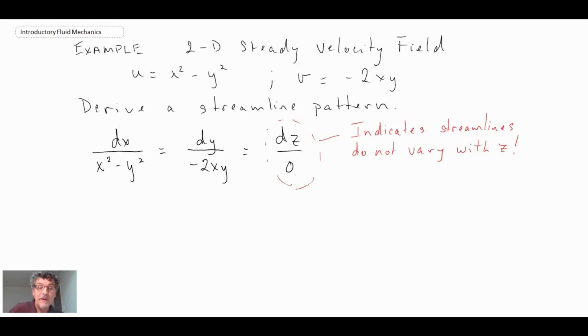Now that we have this equation, we're going to rearrange it, and it turns out that we can get an exact differential equation out of this.